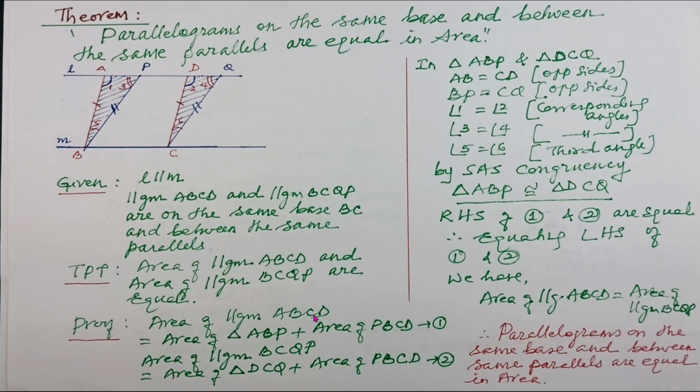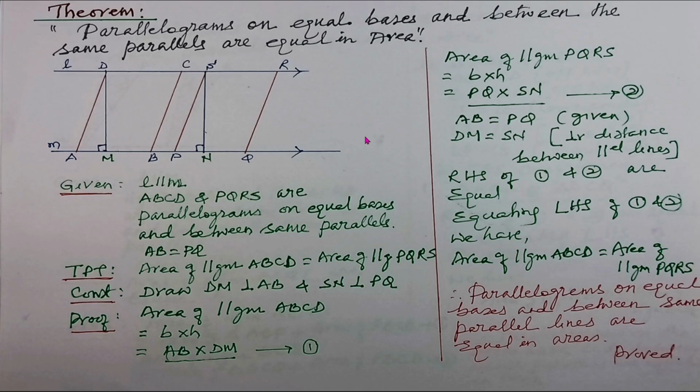Therefore, RHS are equal, so equating LHS, the area of the parallelogram ABCD is equal to the area of the parallelogram PBCQ. So that proves that parallelograms standing on the same base and between the same two parallel lines are equal in area. Please remember that. In the next theorem, we have to prove that parallelograms on equal bases and between the same parallels are equal in area.